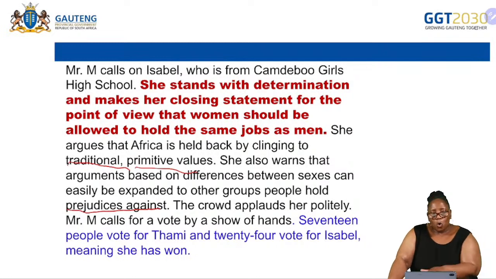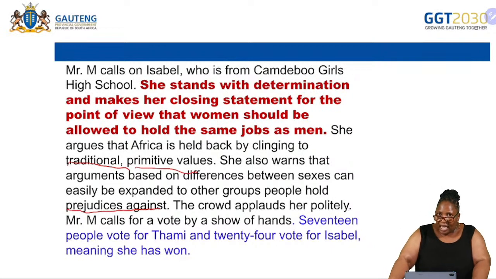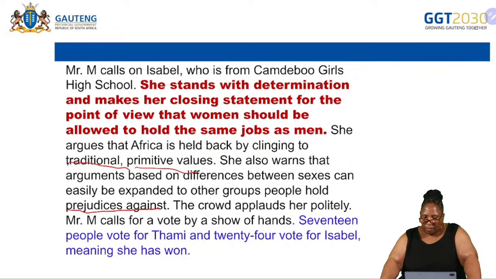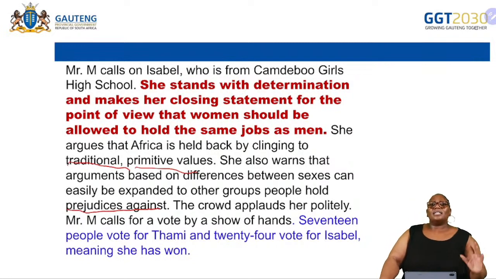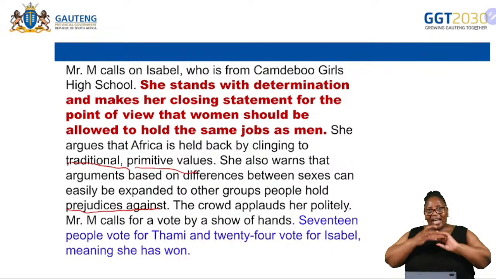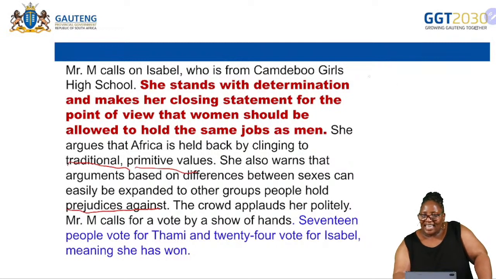So when you look at what Isabel argued for, one, she believes that what we had in the past as Africans or as Africa can work closely together. There is some form of coexistence.